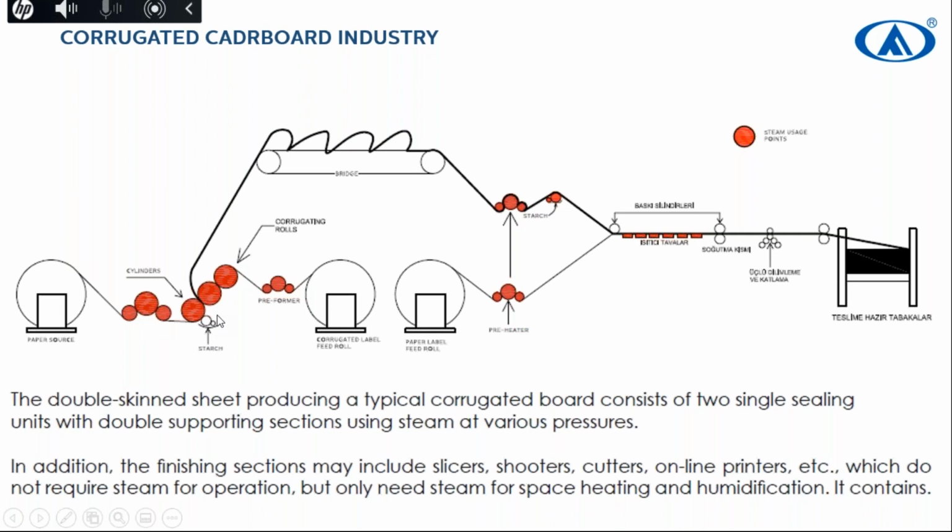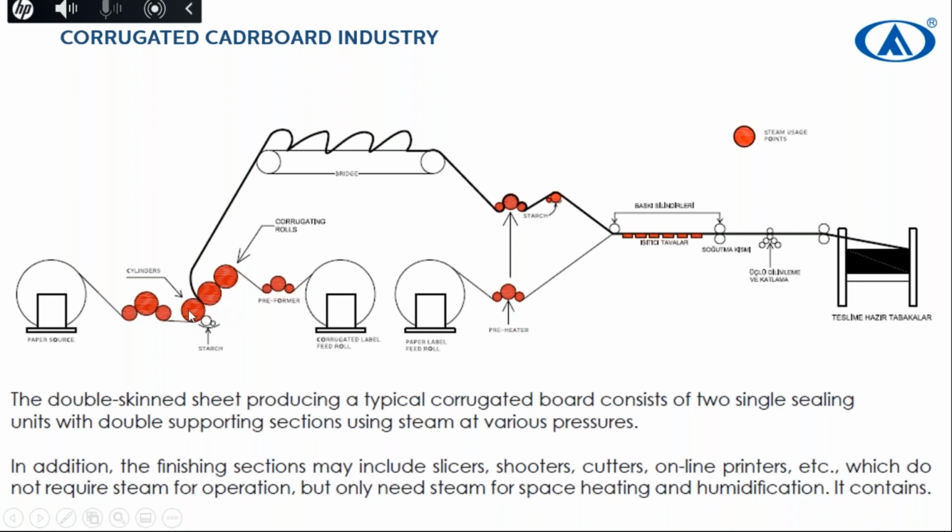If anybody with us is in the corrugated cardboard industry, they know that sometimes the corrugated plates can have some expansion, and it is because of the efficiency loss.